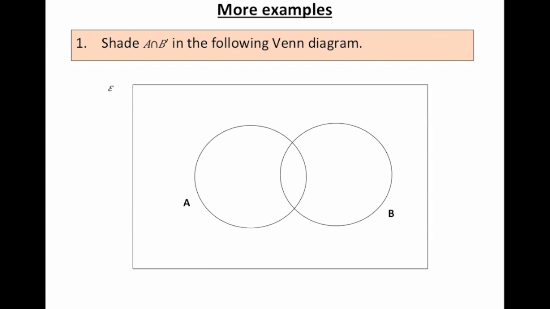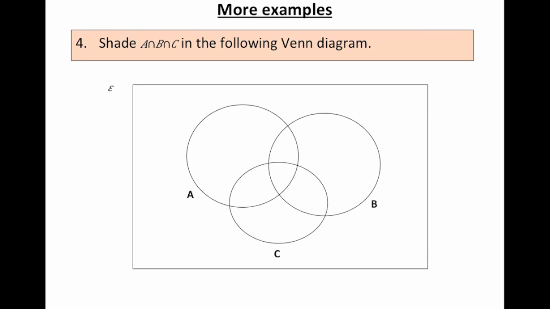Before we proceed to shade A intersect B prime, we must first understand how B prime looks like. Recall that B complement or B prime is the region outside of set B. Thus, to shade A intersect B prime, we will shade the common region between set A and everything that is outside of set B. In this case, the common region between set A and B prime is nothing but this.